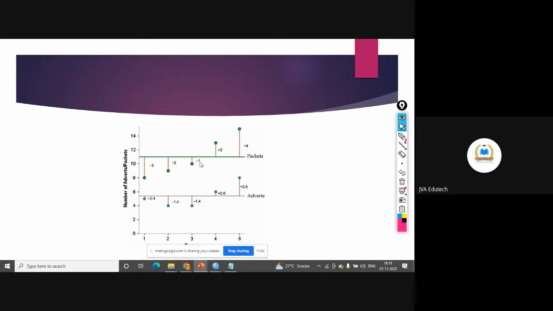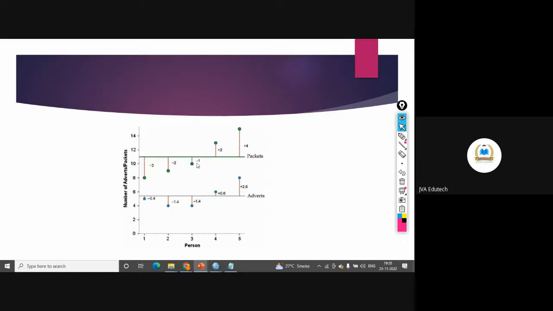the first case. As advertising increases, if you see the first, second, and the third case, you can find that as advertising increases, initially the number of packets sold decreases.